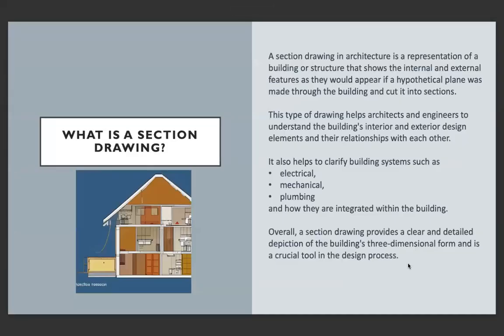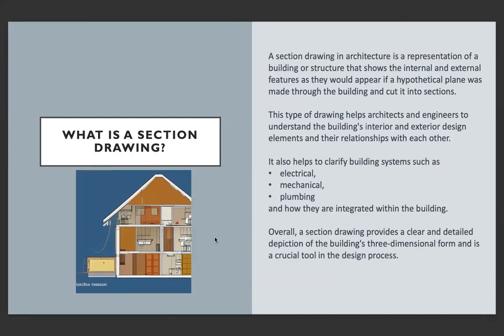So, what is a section drawing? A section drawing in architecture is a representation of a building or structure that shows the internal and external features as they would appear if a hypothetical plane was made through the building and cut it into sections. This type of drawing helps architects and engineers to understand the building's interior and exterior design elements and their relationships with each other.